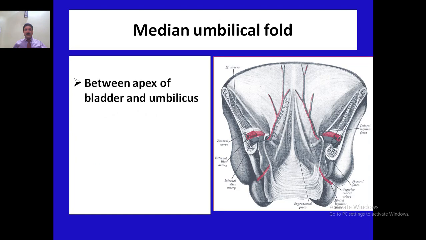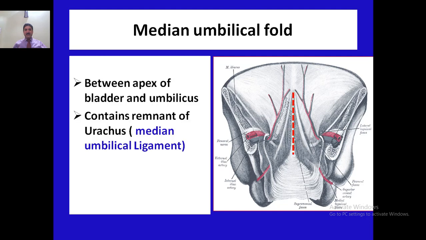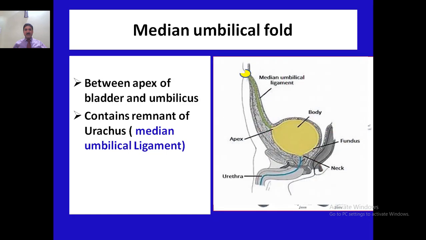Median umbilical fold. This double-layered fold of the peritoneum lies between the apex of the bladder and umbilicus. It contains a remnant of the urachus called the median umbilical ligament. As shown in this diagram, the yellow encircled area represents the umbilicus. The second one represents the apex of the urinary bladder, and the double-layered fold which connects them is called the median umbilical fold.